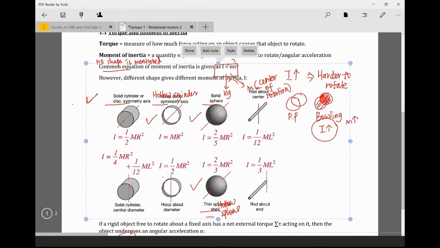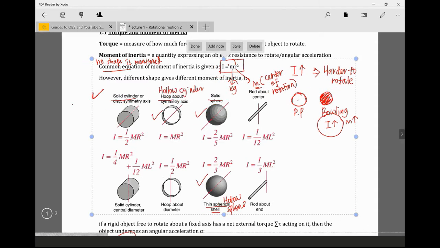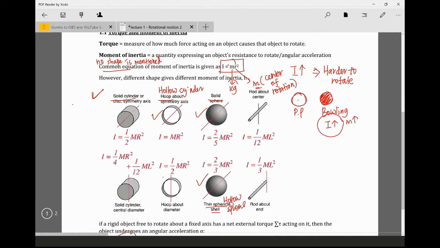You can refer to the chart here, yeah? This one. Okay. So in your syllabus, the ones that are usually asked are a solid cylinder, hollow cylinder or hoop, solid sphere, and hollow sphere.